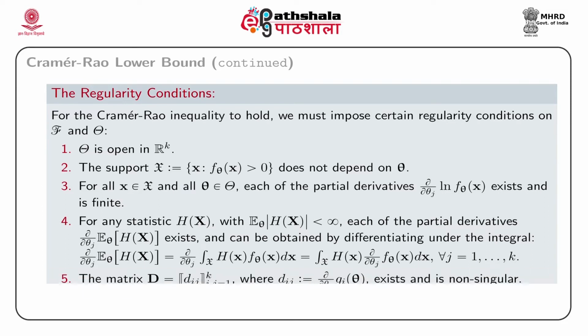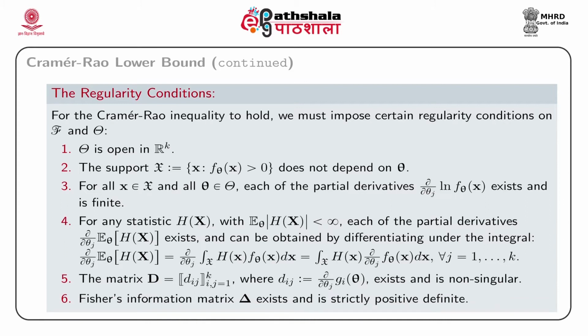Number 5. The elements of the matrix capital D, whose elements are Dij, where Dij equals del by del theta j gi theta, for all j from 1 to k, exist and D is non-singular. Number 6.